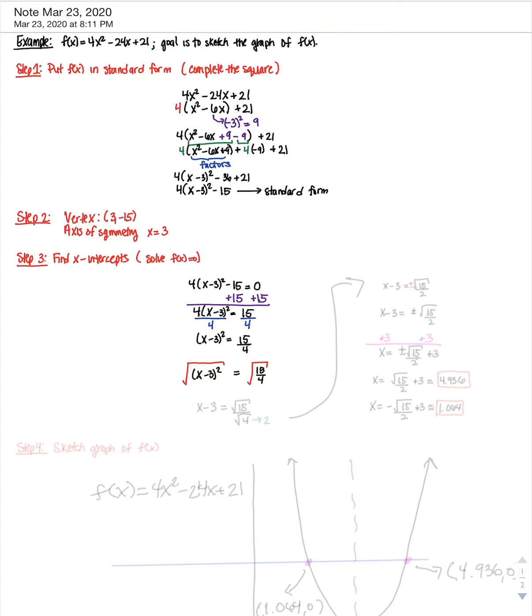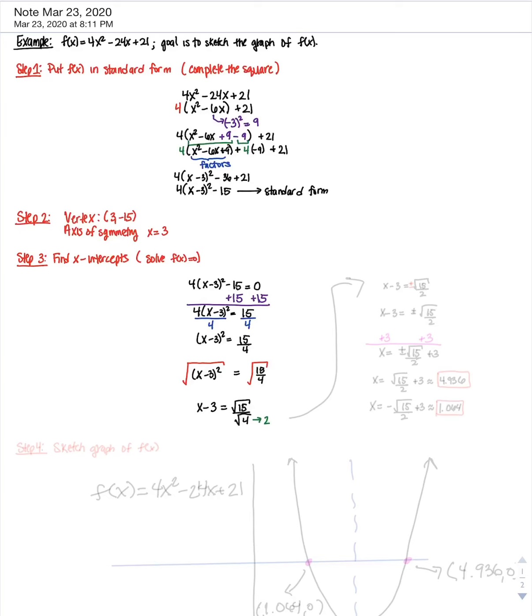Now, on the left-hand side, the square root and the square are going to cancel. So we're just left with x minus 3. And on the right-hand side, we have the square root of 15 over the square root of 4. Now, the square root of 4 can simplify. That's just 2.